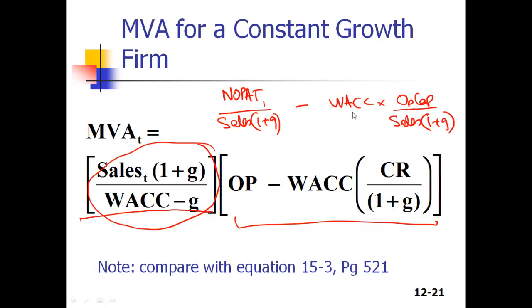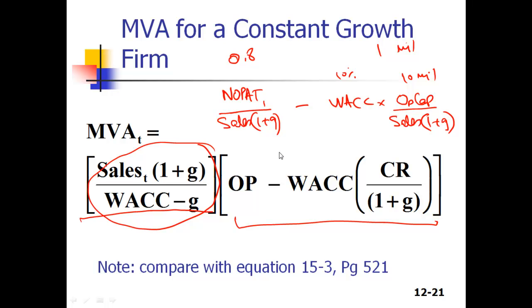WACC might be, say, something like 10%. So if your operating capital is 10 million, and WACC is 10%, then the cost associated with having this operating capital can be thought of as 10% of 10 million, which is 1 million. Let's say your net operating profit is 0.8 million. Is this firm creating value or destroying value?